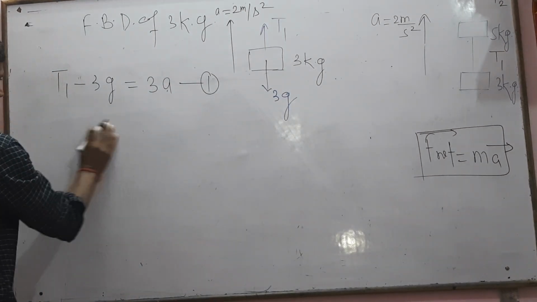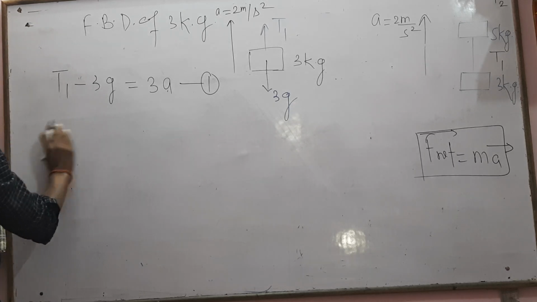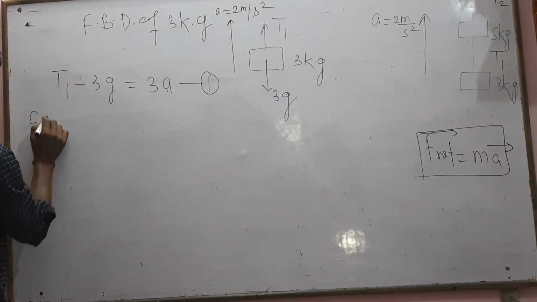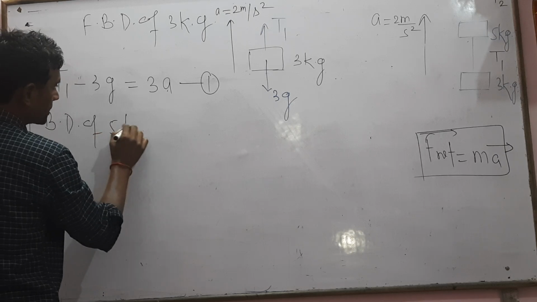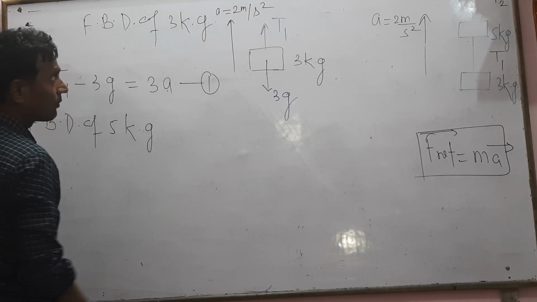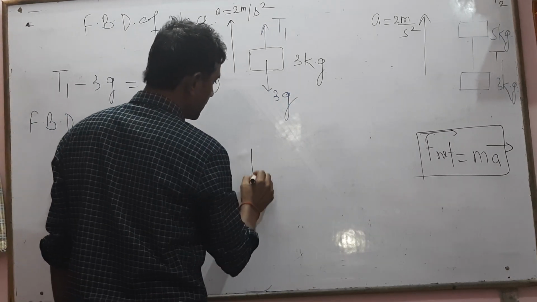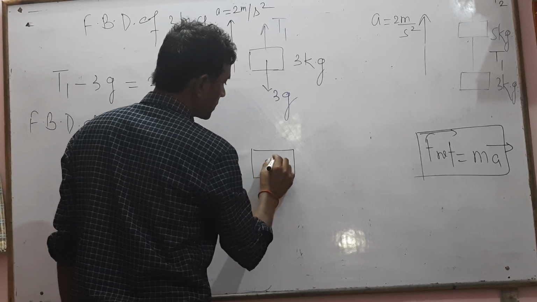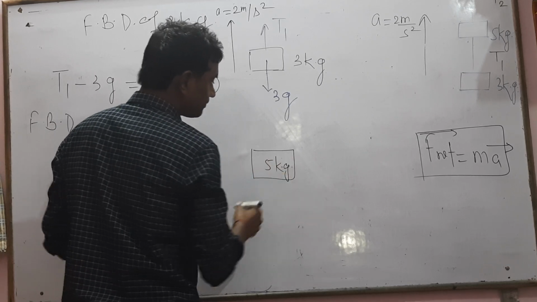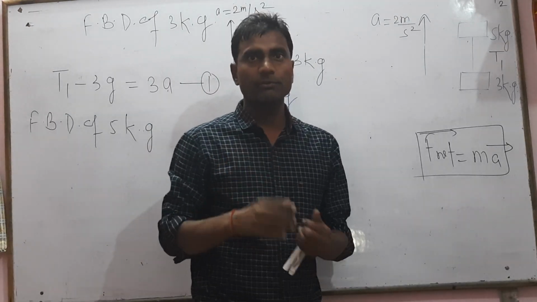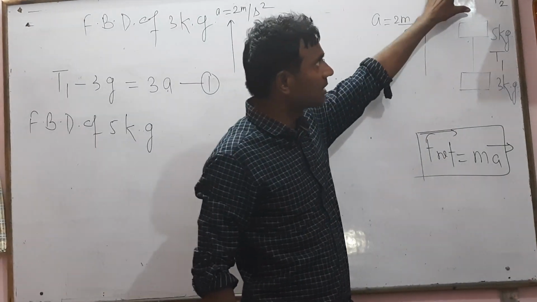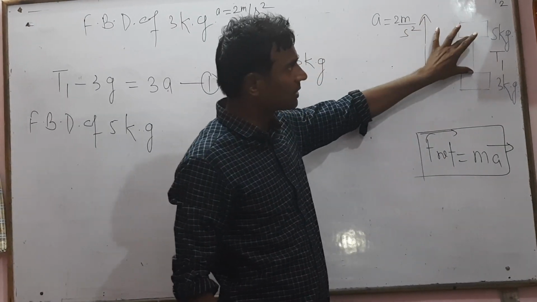And we are trying to find out the FBD of 5 kg. What will be the FBD of 5 kg? This is the 5 kg. With the 5 kg, two strings are attached. First string is T2 and second string is T1.